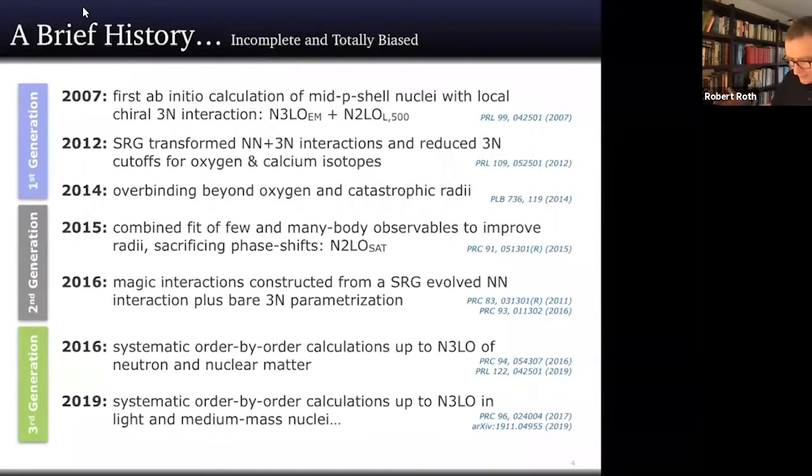But for me, the real impact of chiral forces on many-body calculations starts here in 2007, where the first calculations of p-shell nuclei, including a chiral three-nucleon interaction, were published. So these were NCSM calculations in an old framework with Lee-Suzuki transformation and so on. But it was really the first application of chiral three-body forces beyond the few-body sector, so beyond 3- and 4-particle systems. And this is where the potential of nuclear structure calculations with these forces became evident.